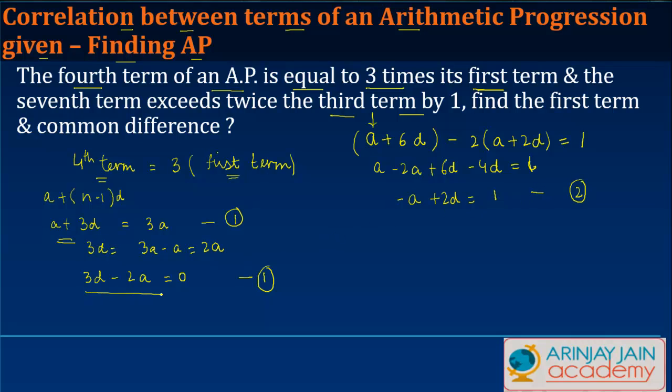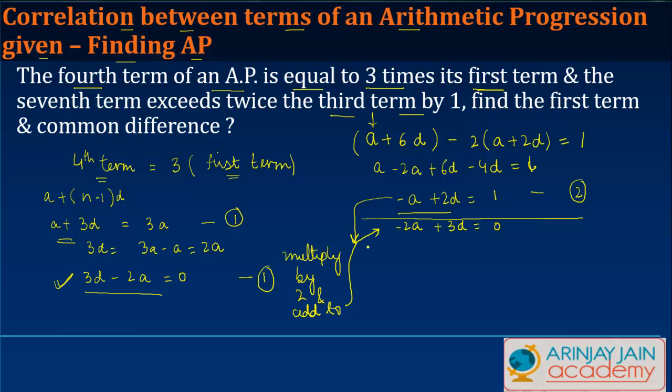Now, if I solve these two equations, I put this minus 2A over here: minus 2A plus 3D is equal to 0. What I do is multiply the second equation by 2 and add it to this equation.